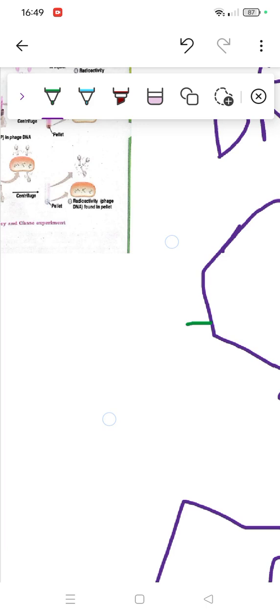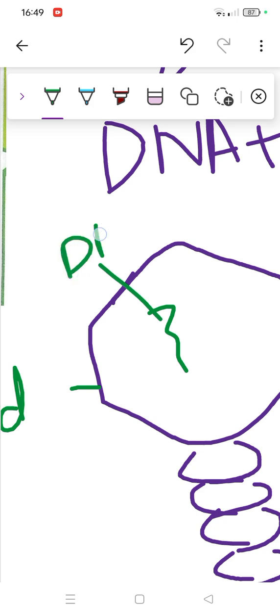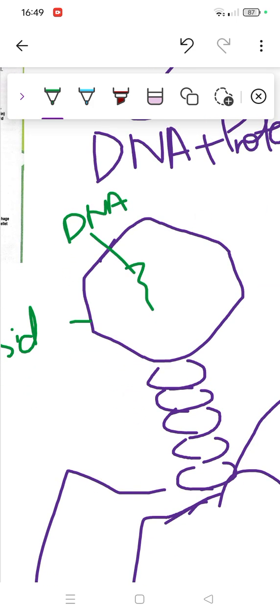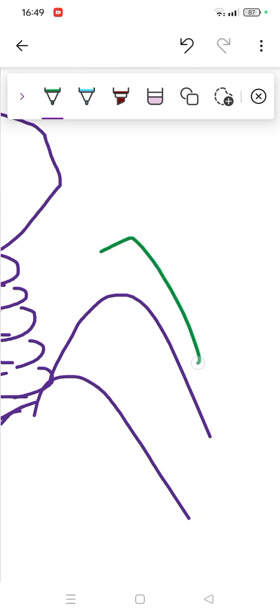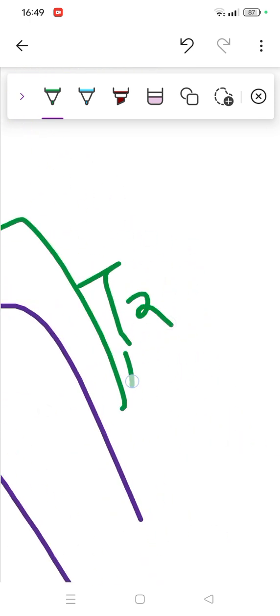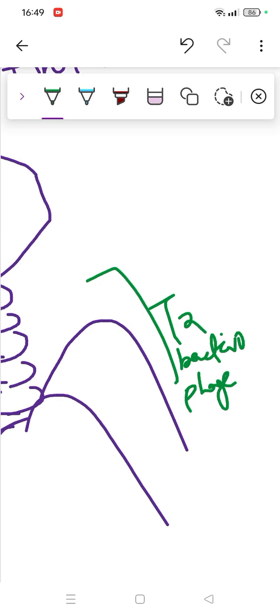This outer part is called the capsid. Inside this we have DNA, the hereditary material, but at the time no one knew that. This is the T2 bacteriophage. So we have chosen a virus.